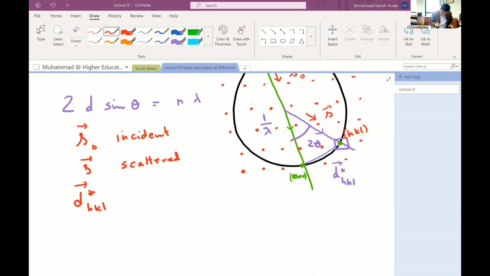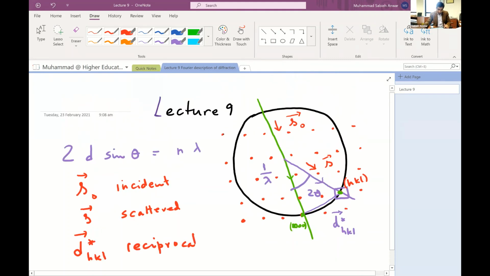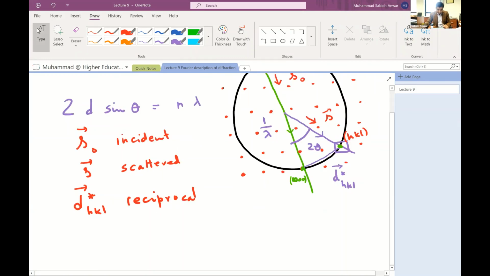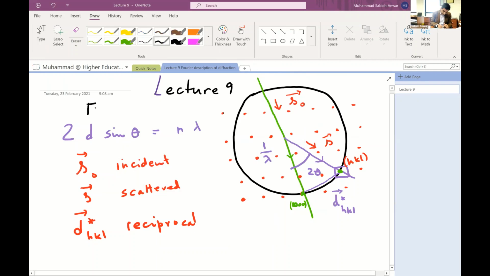Okay. Now this means that the Bragg law involves three vectors. So what we're going to do today, basically the title of today's lecture, I would like to call a Fourier description of diffraction.